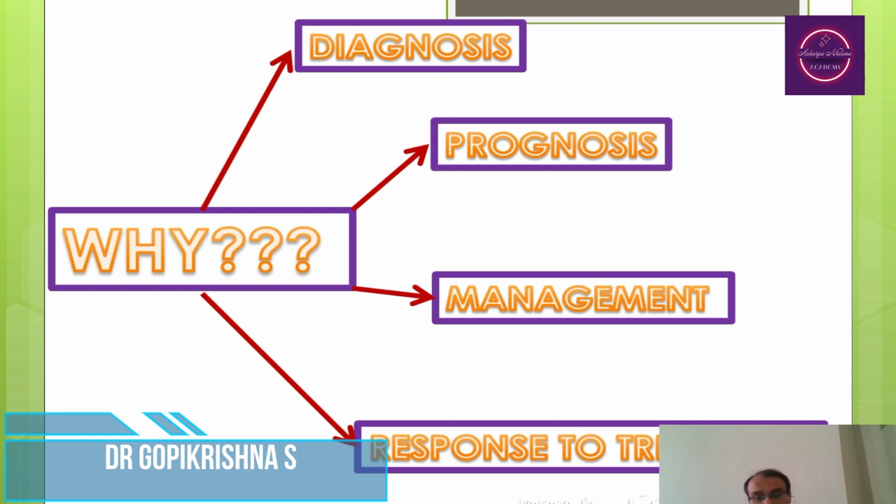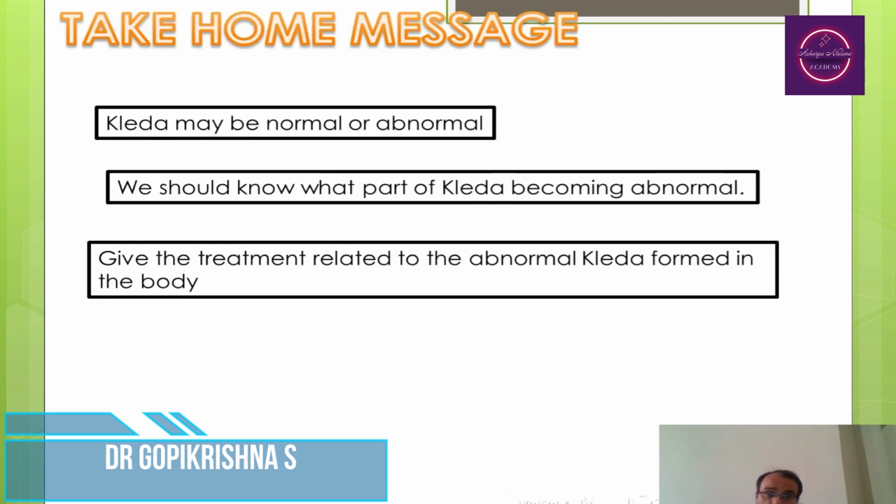Then response to treatment. Suppose you are giving the treatment, then how far he is responding to our treatment can be decided there. Right. So with this, when you say the take home message, Kleda may be normal or abnormal. The main characters of Kleda can be decided by the consistency.